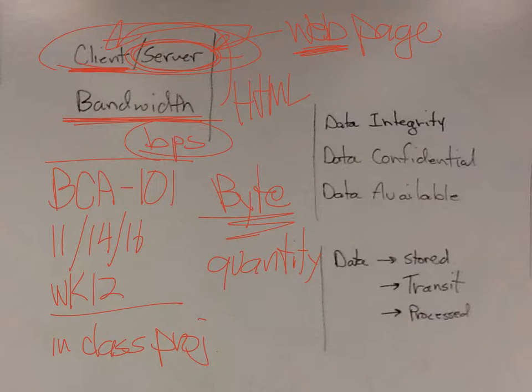So it's good. We talked about data, the integrity of the data we should understand, the confidentiality of the data, and the fact we have to make the data available. Where is that data? We have to be concerned when it's stored, when it's in transit, moving between two locations, and while it's in a computer, being processed.